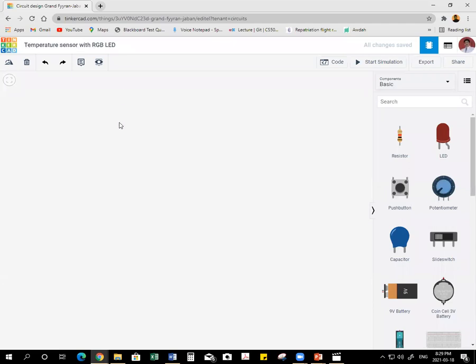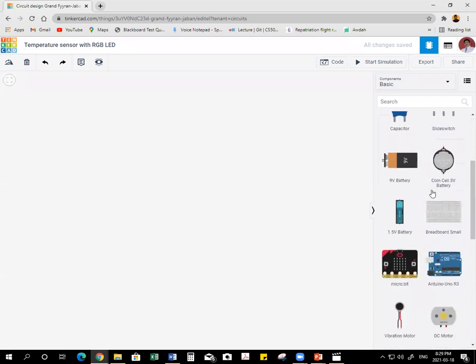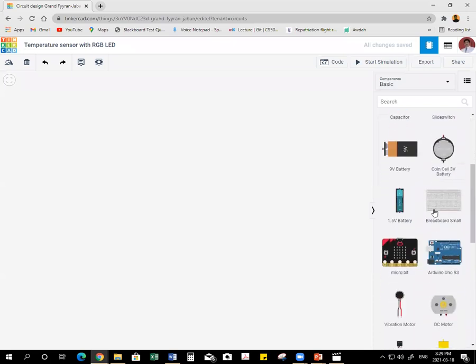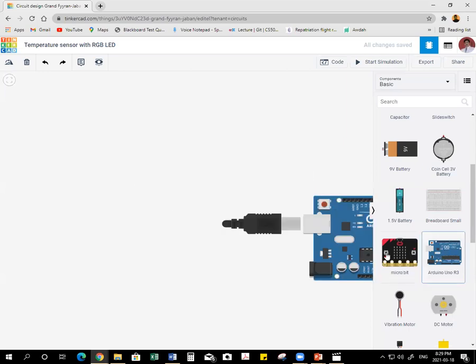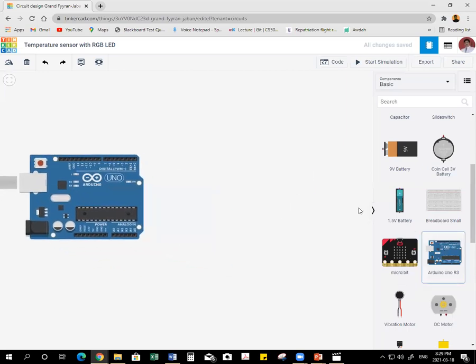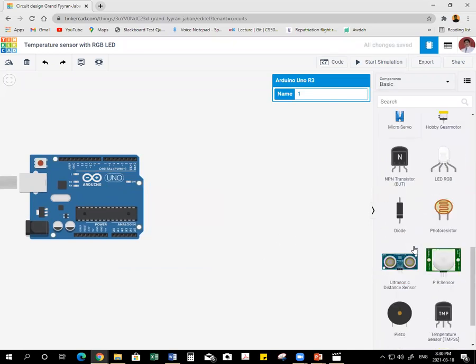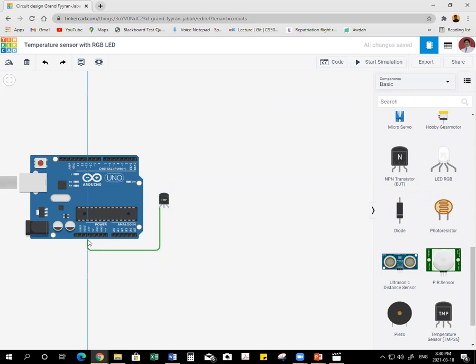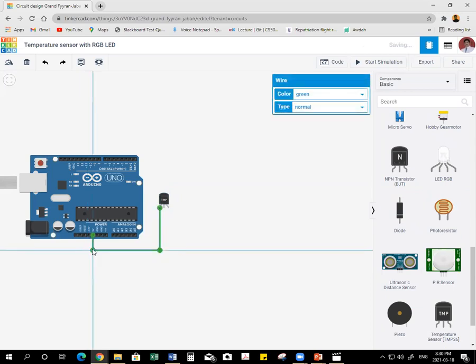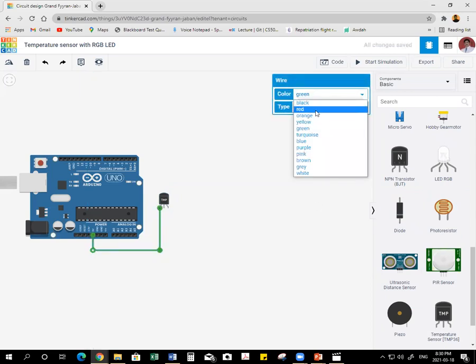Here I'm using a temperature sensor with an RGB LED. Just use this one. Like the previous one, I will not take any breadboard, I will connect directly. Temperature sensor, we make it the first part. I'll connect this power to 5 volts, the red one.